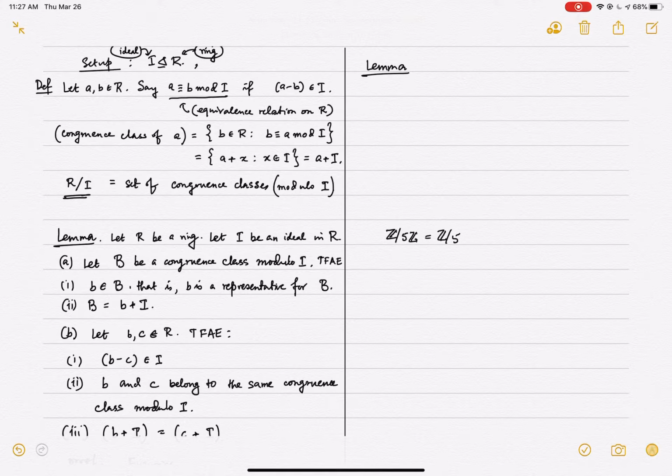And we had addition and multiplication defined on this set. And that's what we want to do in general. We want to define an addition and a multiplication on this set, R mod I, the set of all congruence classes. And this lemma will allow us to do that.